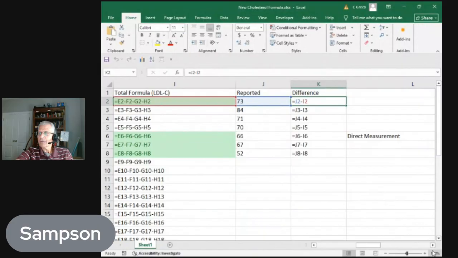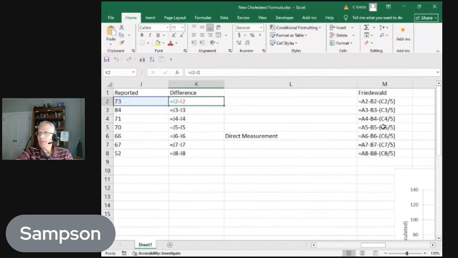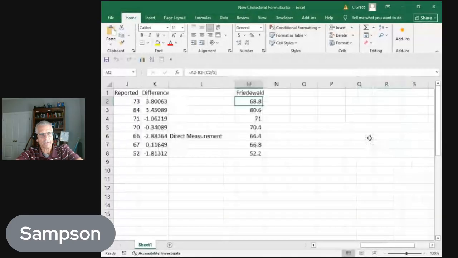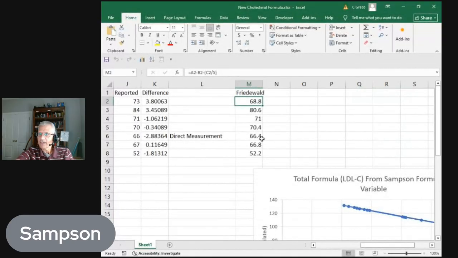I even included the Friedewald for you here. I included that because it was important for me to see this Friedewald difference. It was interesting because the reported difference was 73, Friedewald 69, 84, 80, 71, 71, good. 70, 70, 66, 66, 67, 66.8, 52, 52.2.